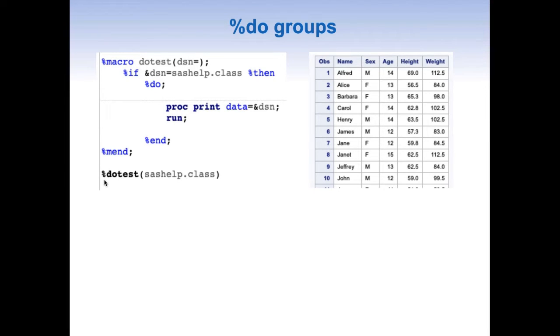Now let us look into the execution. Here we have %do_test, and here we also have a small mistake. This is supposed to be dsn equal to sashelp.class, and I'm sorry for the inconvenience. Once we pass the value of sashelp.class for dsn, this becomes sashelp.class equal to sashelp.class, and these statements will be generated and proc print will run.